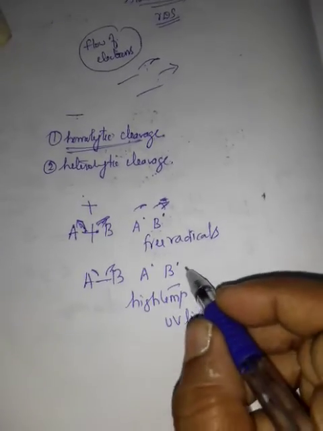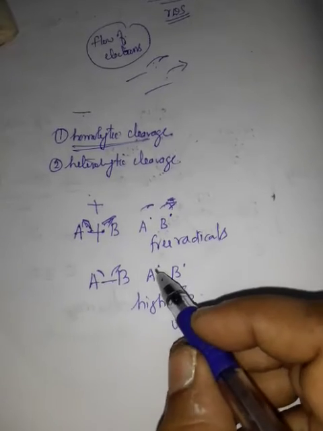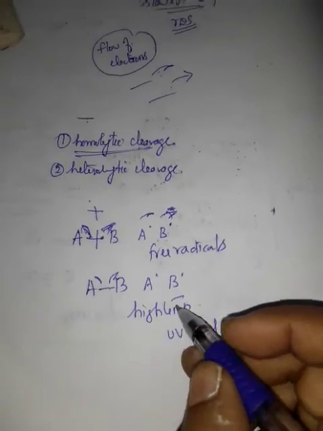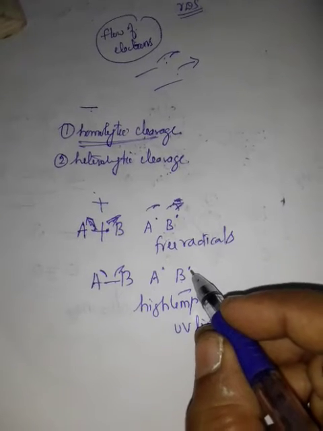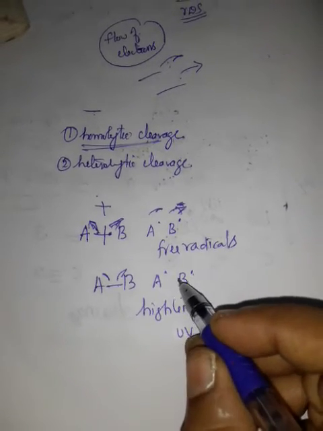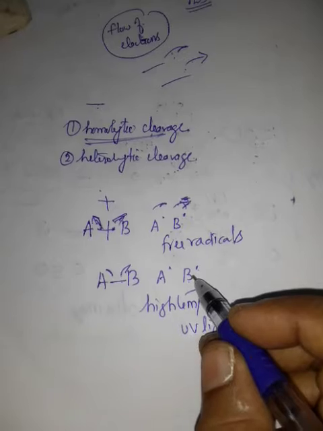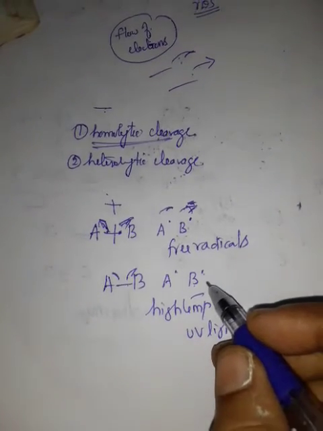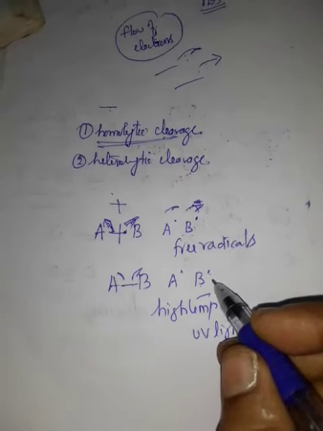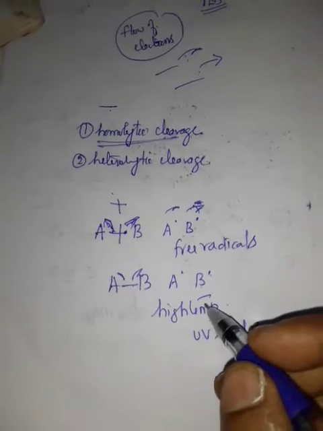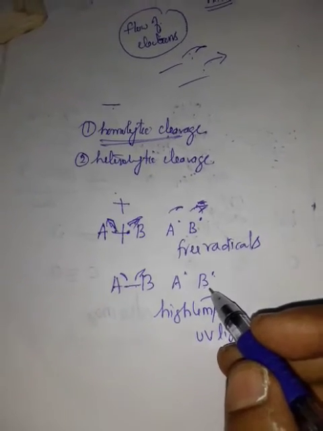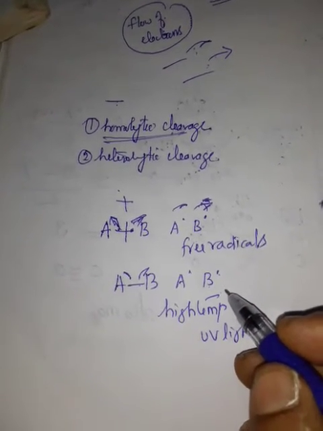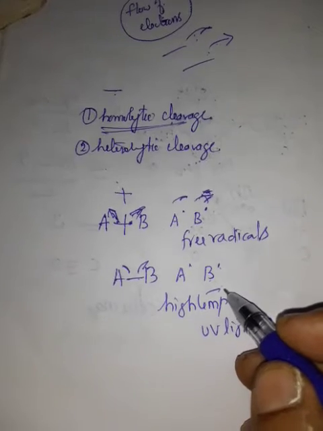So these are free radicals formed by homolytic cleavage. A free radical with an unpaired electron is neutral and unstable. It has a tendency to gain an electron to become a stable molecule.